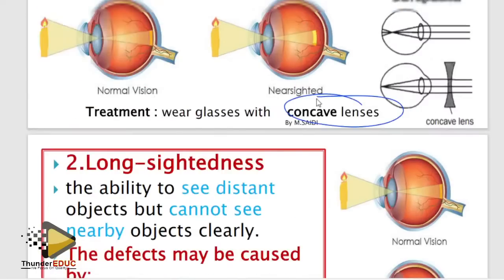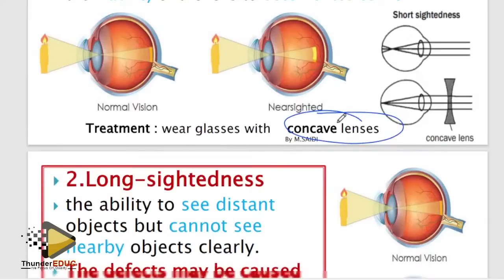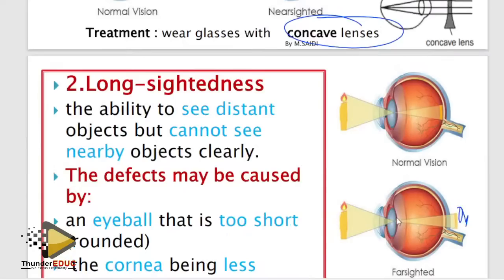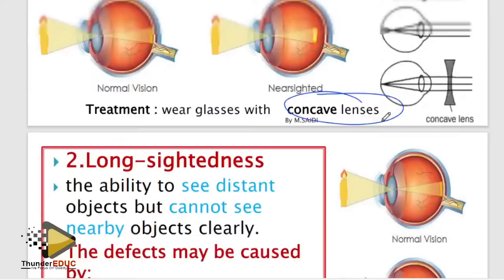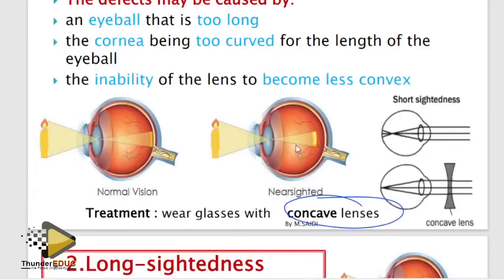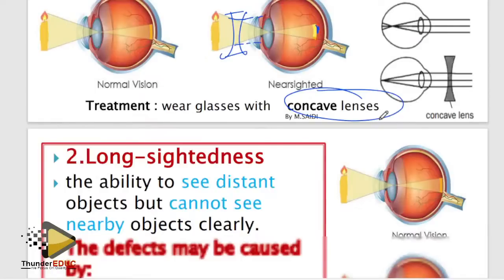It means that the image is forming behind the retina. So I need to bring it forward, so I put a convex lens there. But short sight means that the image is formed in front of the retina. So I need to diverge the light, so that it appears to be coming from a near object with a big beam.